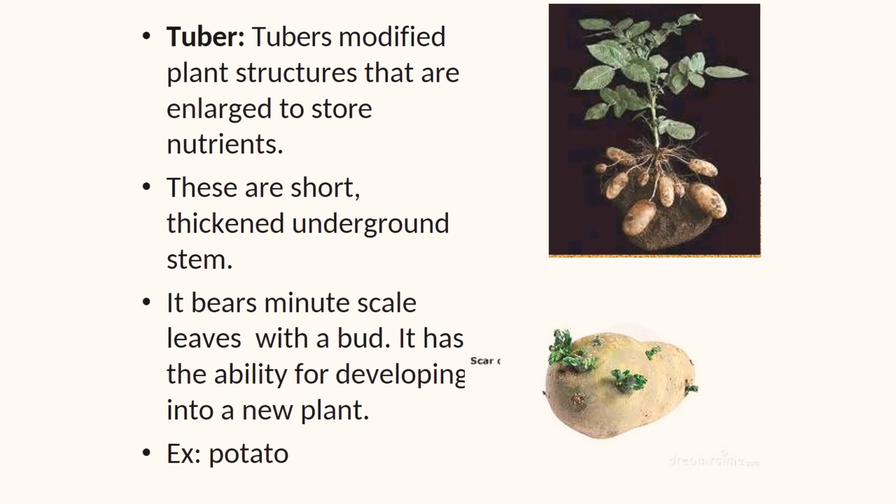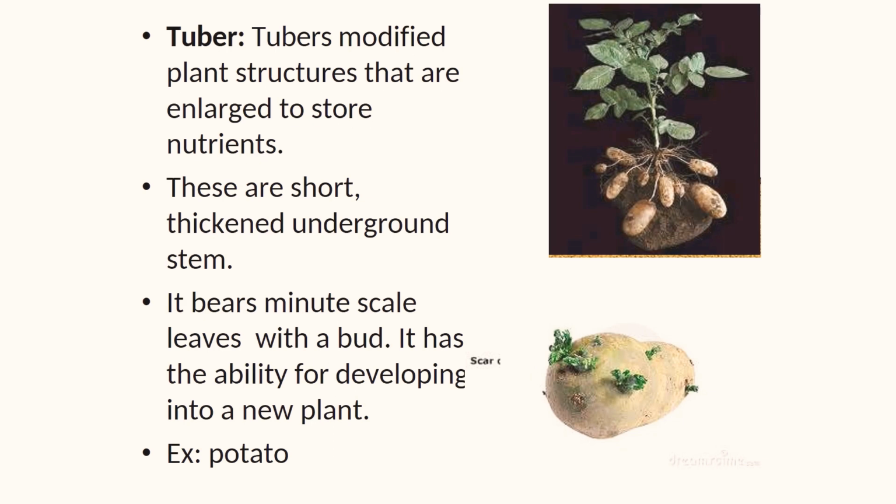Example: stem tubers of potato. In potato tubers, axillary buds are present in the axil of scale leaves. Each bud develops into a new plant. Root tubers are adventitious roots which swell up because food is stored in them.